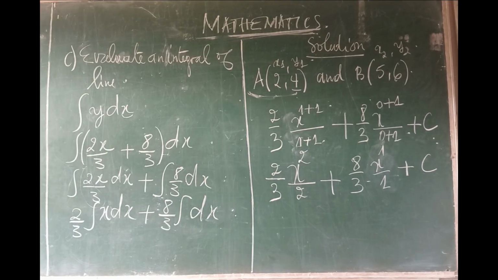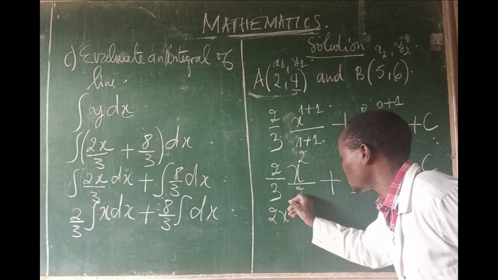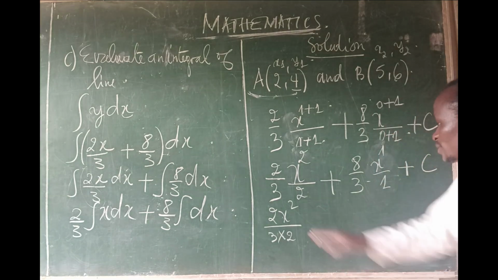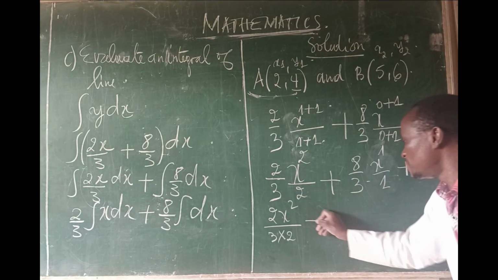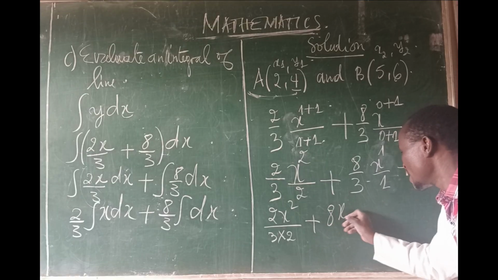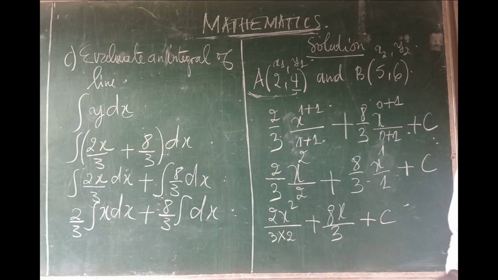Now finally, this will be 2x squared over 3 times 2. You see? And plus this 8 times, it is 8x over 3 plus constant c.